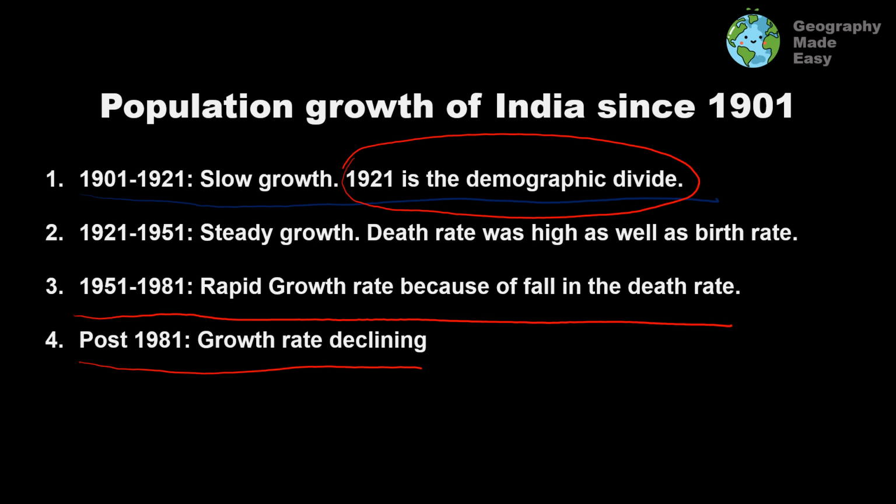And thus from post 1981 we have seen a decline in the growth rate of the Indian population. Every census year it is seen that the growth rate is slowly declining, but because our base population is very high, the net result is still not visible, and we still have the problems of population in India.